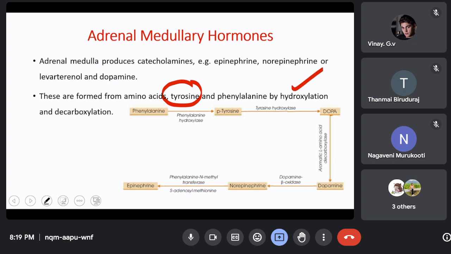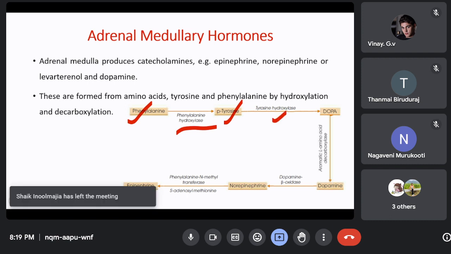reactions, hydroxylation and decarboxylation. First of all, phenylalanine, catalyzed by the enzyme phenylalanine hydroxylase, is converted to tyrosine, which is again hydroxylated by tyrosine hydroxylase to produce DOPA.